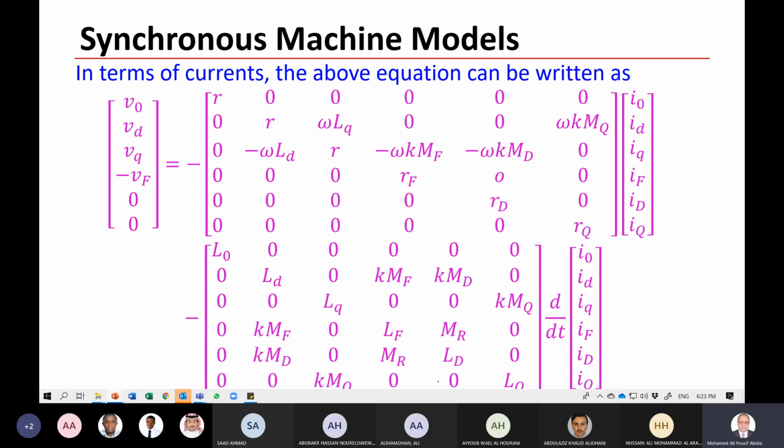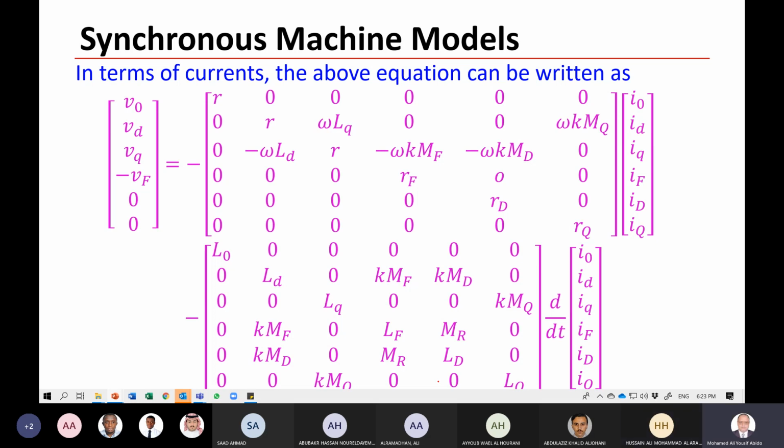When we write the KCL, KVL at the beginning, we see the induced voltage plus RI plus d by dt times Li, this is equal to 0. So we have a voltage on one side and the currents on the other side, so it becomes minus I. And also for the quadrature axis again, but for the field, since we have an external voltage, this external voltage is equal to the current there.